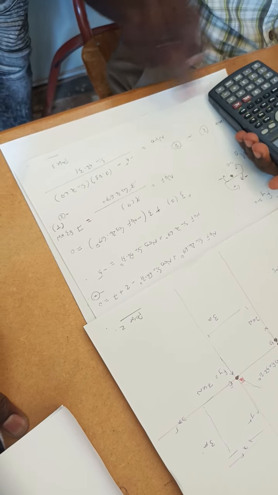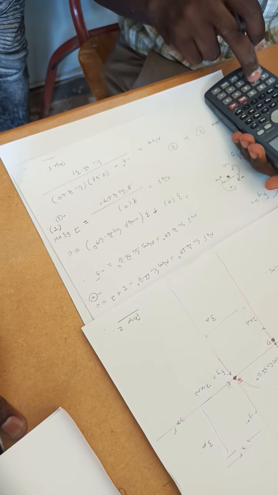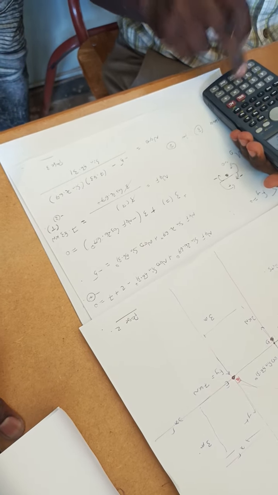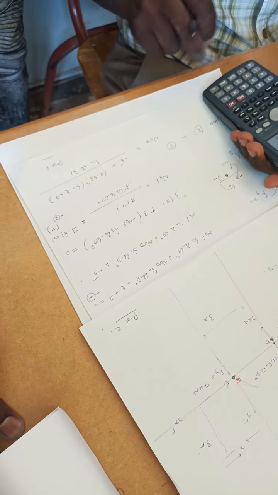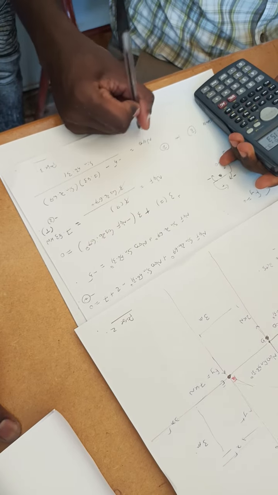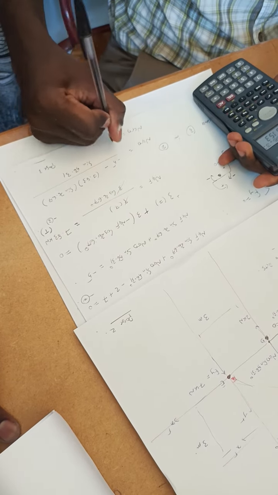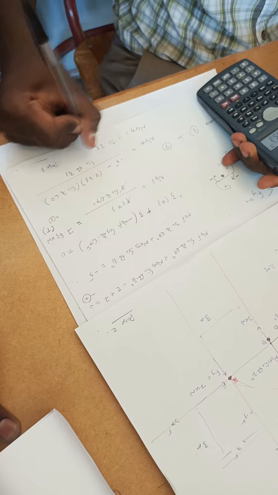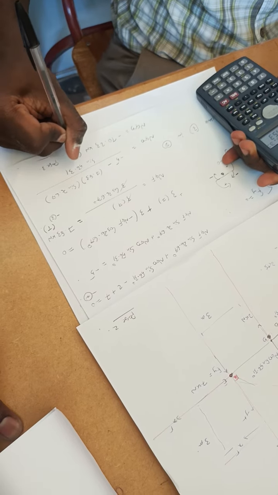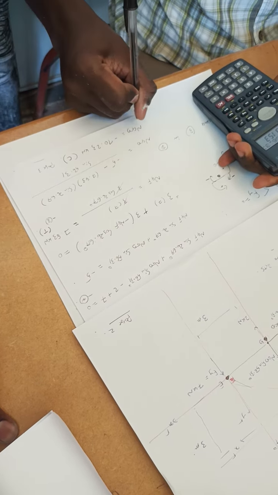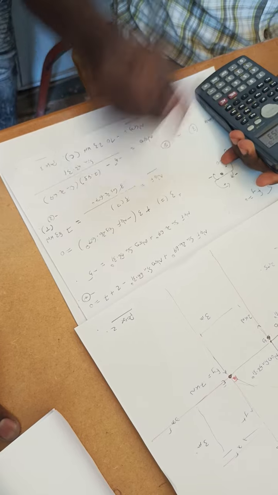Then I divide it by my sine 56.31. It will give me N_GD equals negative 10.23 kilonewton, meaning my member is in compression. They only asked me to find these two.